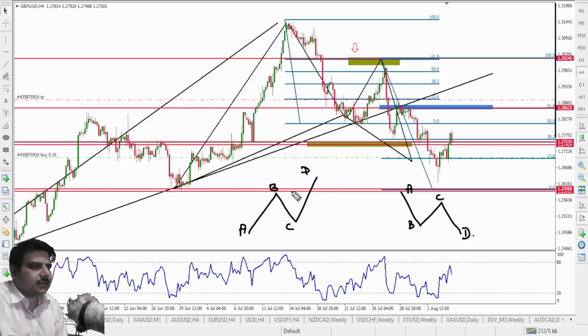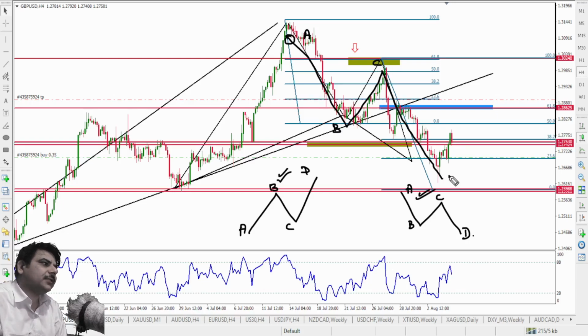So the bullish and right here the bearish ABCD pattern, and I just want to show you exactly that the market completed this A, this B, C and D.